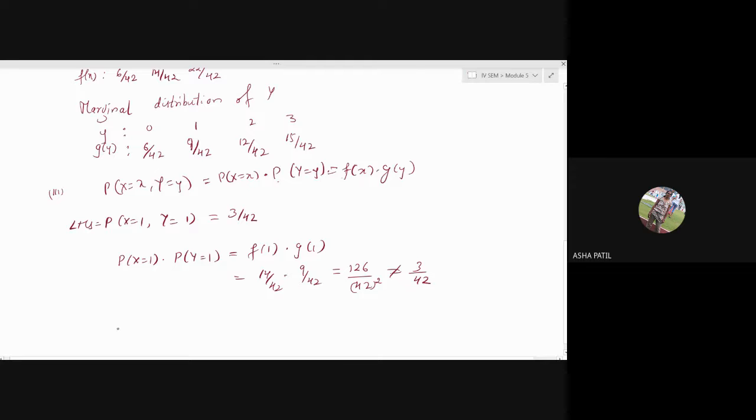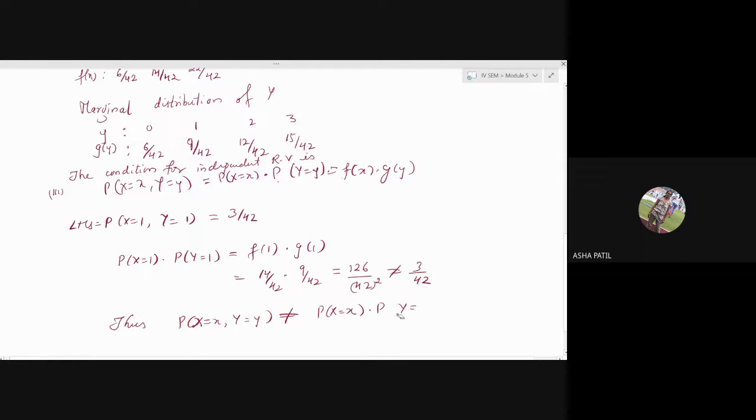Thus, we say that the condition for independent random variables is this, you just write it here. But the probability that x equal to x, y equal to y is not equal to the probability that x equal to x into the probability that y equal to y.